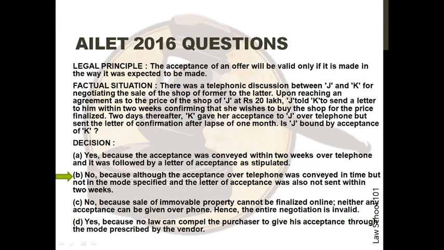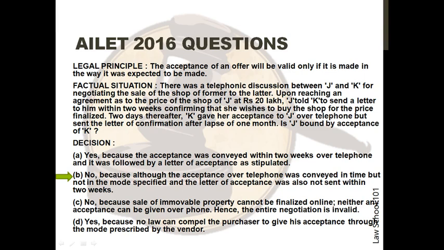Neither can any acceptance be given over any phone. Hence, the entire negotiation is invalid. And lastly, option D, yes, because no law can compel the purchaser to give his acceptance through the mode prescribed by the vendor.